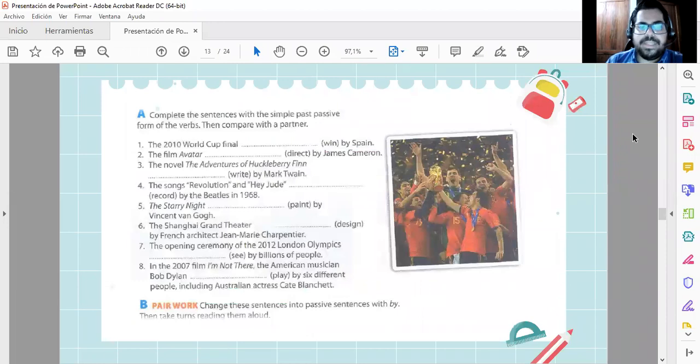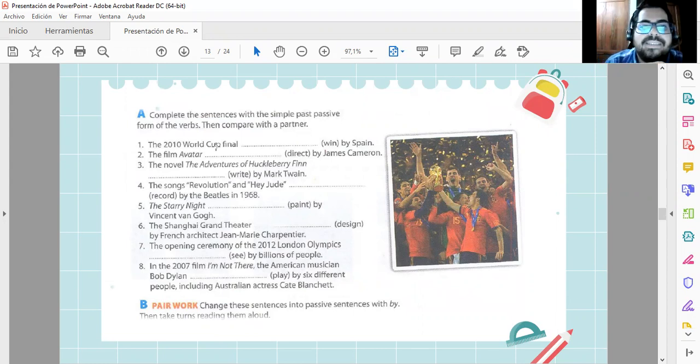Let me show you now a small practice that I have for you. Actually, this is in the book. This is the practice that I want you to do, guys. I want you to work on this and take a look. It says: complete the sentences with the simple past passive voice form of the verbs. So basically, guys, this is very easy.